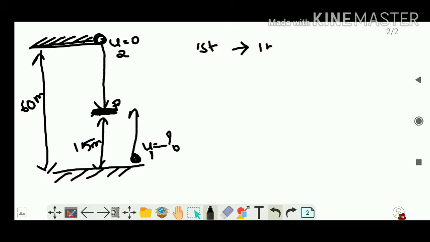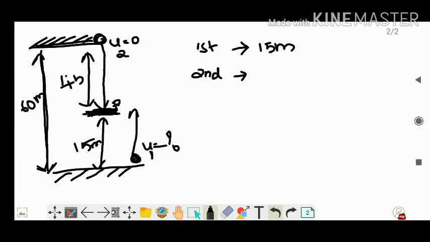It has traveled 15 meters, clear from the figure. What about the second ball? 60 is the total height and it met the first ball at this height, so the second ball has traveled only 60 minus 15, that is 45 meters.